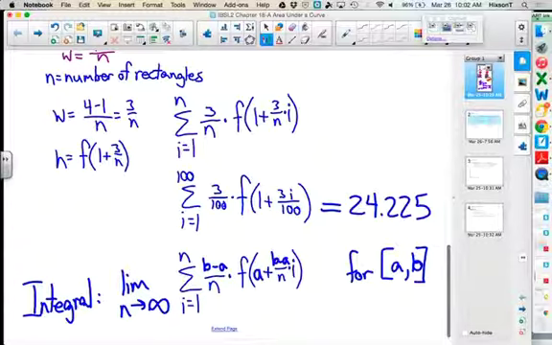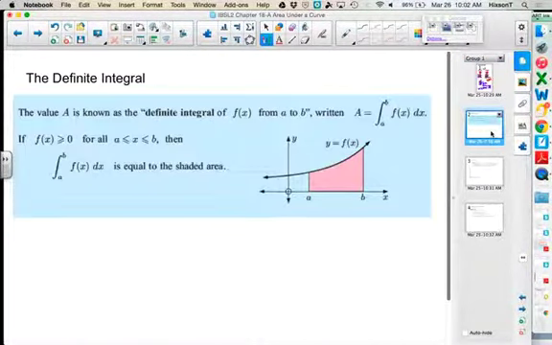Now, we're not really going to use that per se. We're going to learn the rules for integration, but I want you to see where all this is coming from. So let's talk about what that would actually tell us. That gives us what's known as the definite integral of f of x.